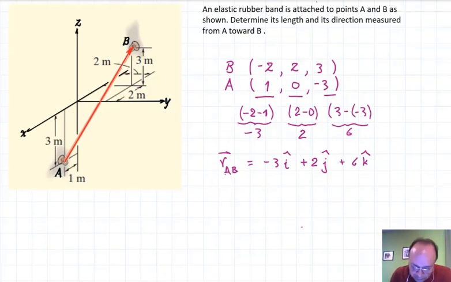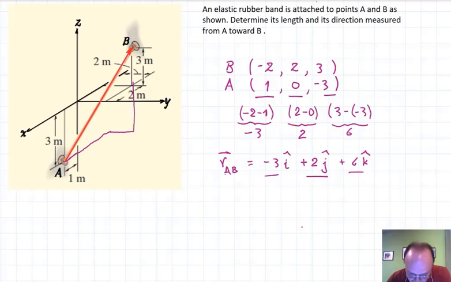So what we have here is the rectangular components of the rubber band, or the vector from A to B, which has -3 in the x direction. So we have -3 here, 1, 2, 3, something like this, plus 2 in the y direction, something like 1, 2, and plus 6 in the z direction.